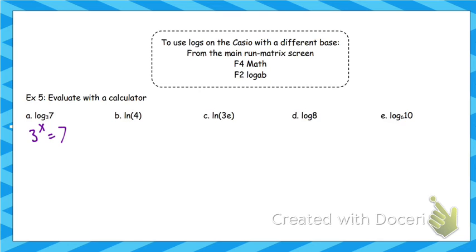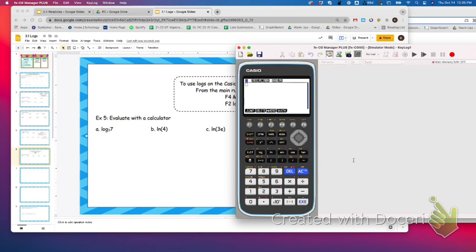So the hardest part about this is remembering where to find it, because if you look on your calculator, you'll see log and ln, but you won't see log with a different base. So we need to find the log AB function. So let me go ahead and get my calculator. Okay, so the way that you find logs to a different base, as long as you can see that normal menu there where it says jump, delete, MAT, and math, you're going to start by going to math, which is F4.